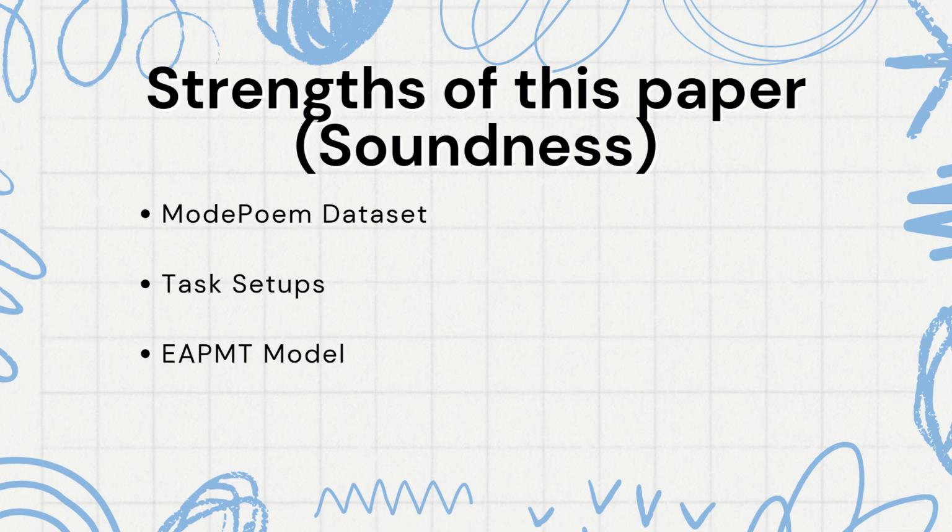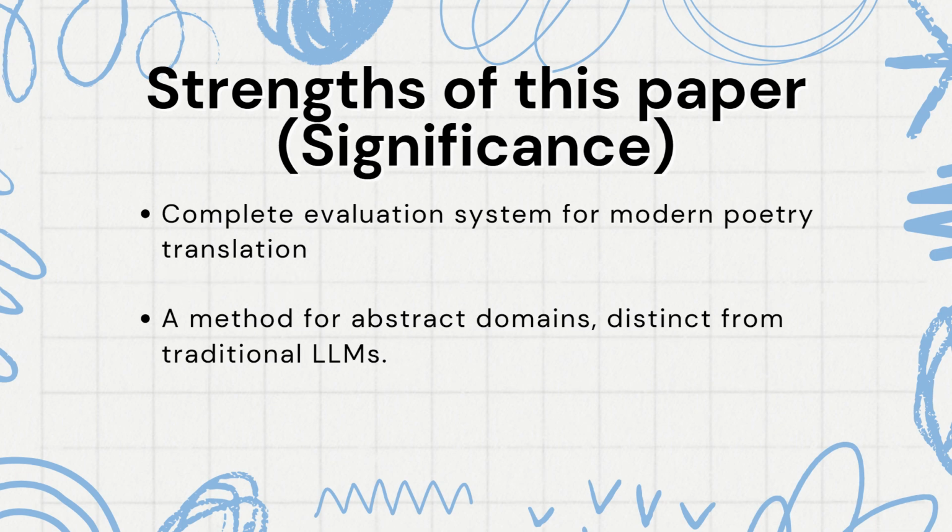The process of building the modern poem dataset and EPMT is also rigorous and reliable. In terms of significance, the EPMT model provides a comprehensive evaluation system for modern poetry translation, and it may also outperform traditional translation methods in other abstract domains in the future.